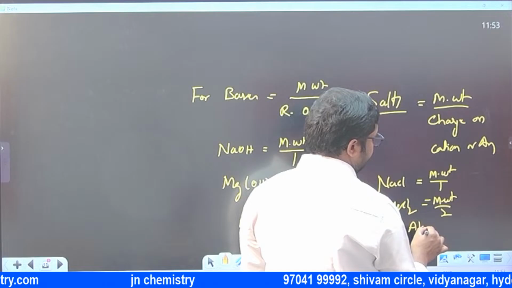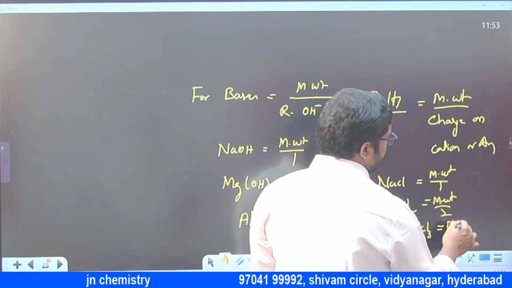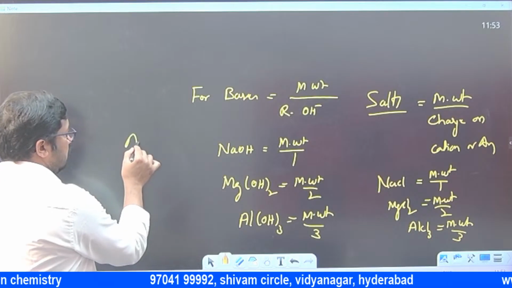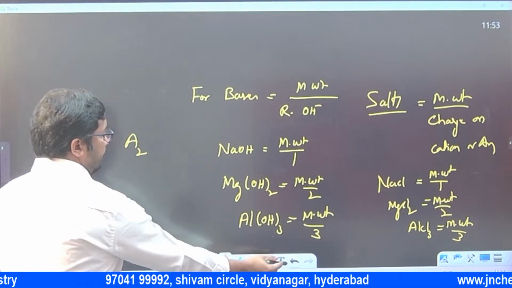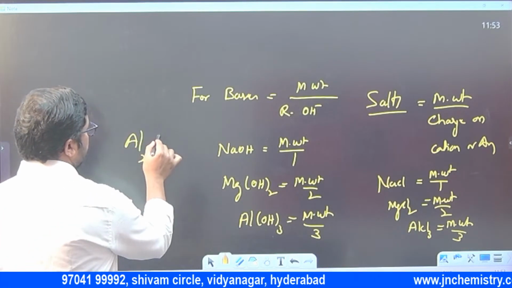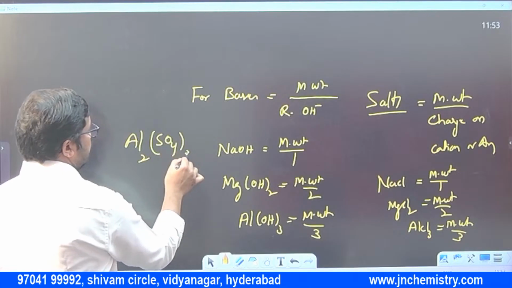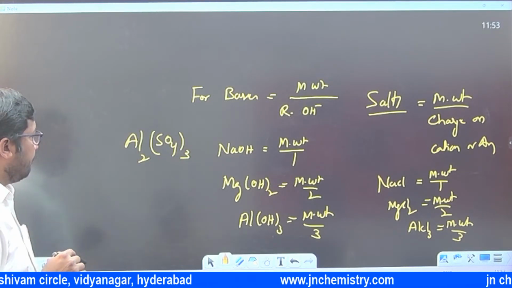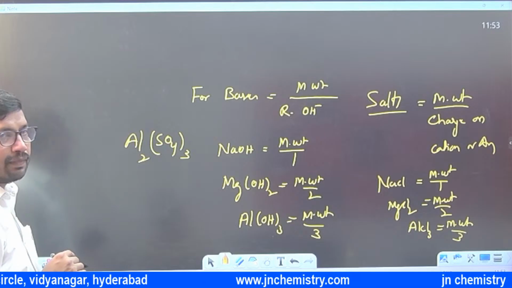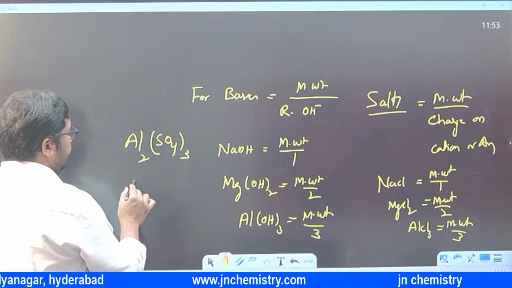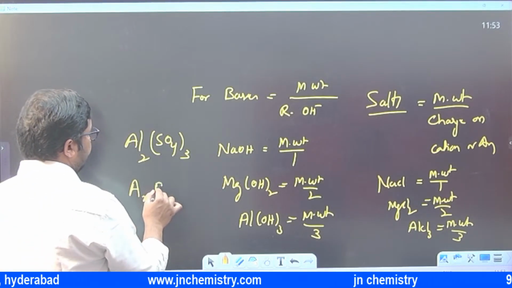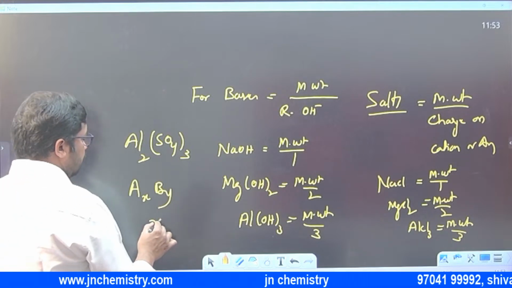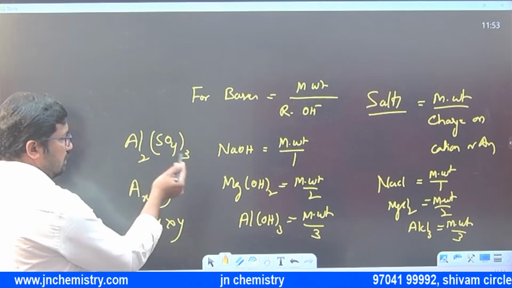AlCl3: molecular weight by 3. Al2(SO4)3, for example. For example, AxBy: n factor is equal to x into y. 2 into 3, 6.